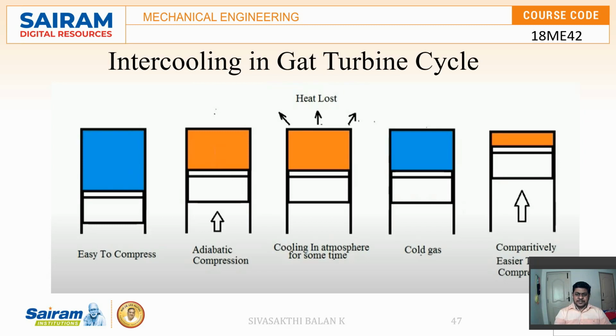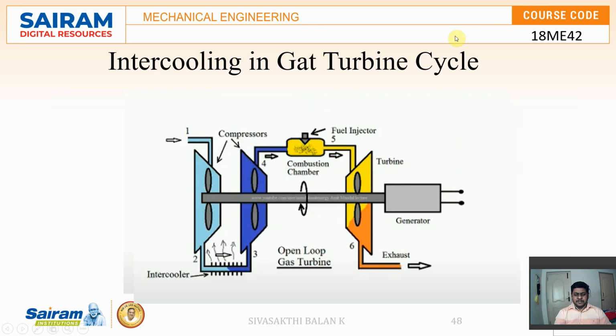It is easy for us to compress from that point till the end because the air inside is almost at atmospheric temperature. This is the principle behind intercooling. The same principle is introduced in the compressor of the Brayton cycle.